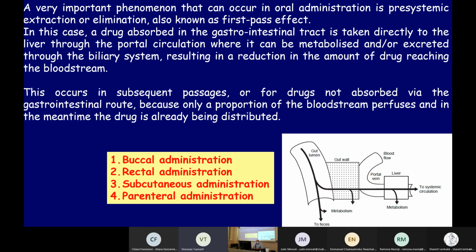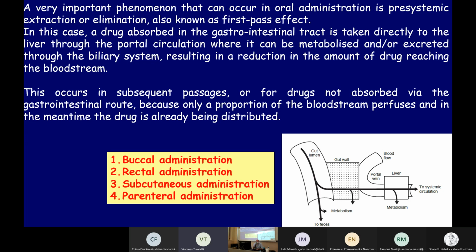By different ways of administration. For example, buccal administration, under the tongue or inside the wall of the oral cavity, not by stomach.